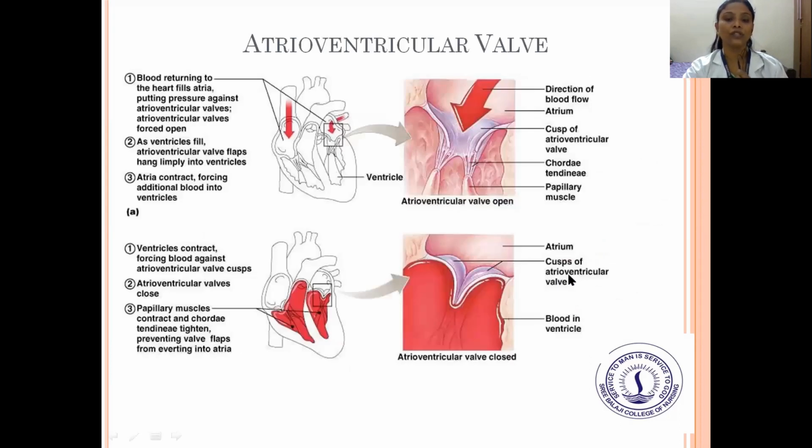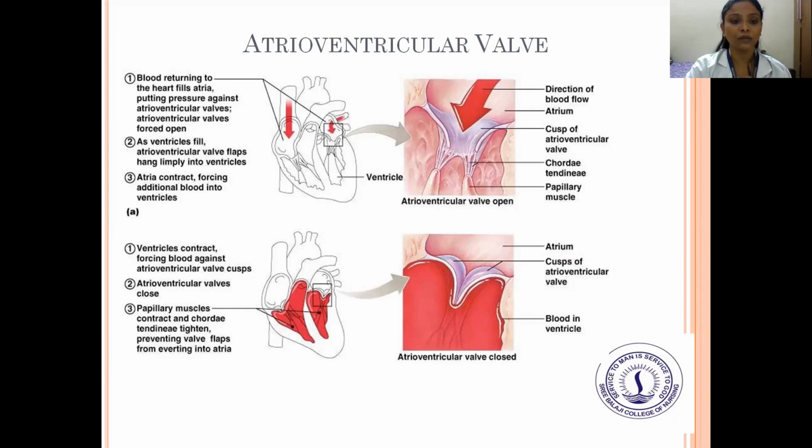Next is the atrioventricular valve operation. Blood returning to the heart fills the atria, putting pressure against the atrioventricular valves. Atrioventricular valves are forced open, and as ventricles fill, the atrioventricular valve flaps hang limply into the ventricles. Atria contract, forcing additional blood into the ventricles.